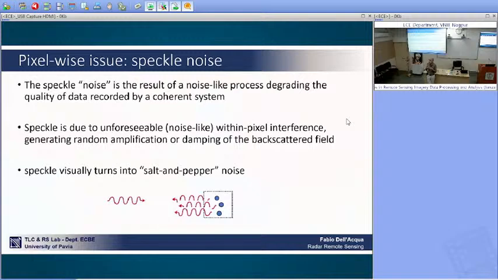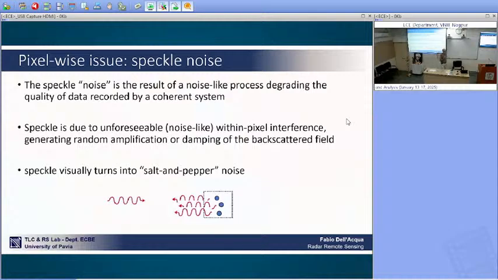We just see that some of them are such that the combination of reflected waves will build a bright point. Some others will be in such a configuration that the reflected waves will kill each other, and we see a dark spot randomly. Okay, on average, we have bright and dark spots next to each other, but each one of them will have its own behavior. This is speckle noise, and it manifests both here and in radar images.